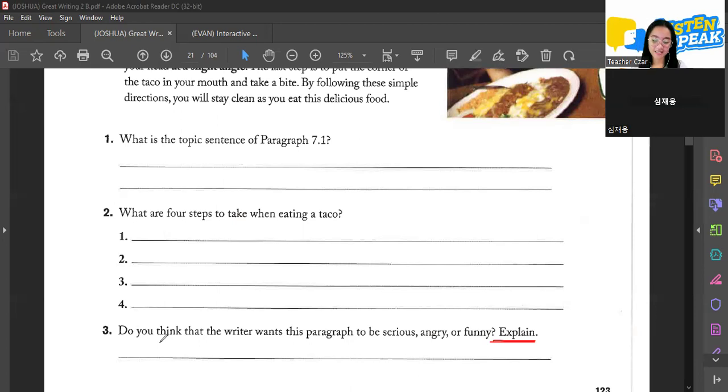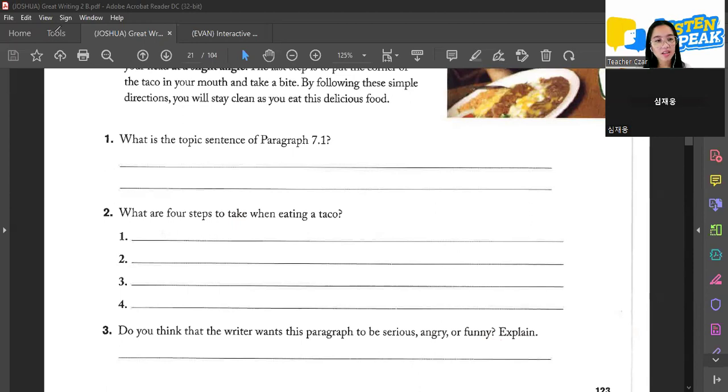Because it's just the explanation of that one. Okay. So that's why you think that the expression of the author is just so. Not that angry, not that serious, or not that funny. Yes. Okay.